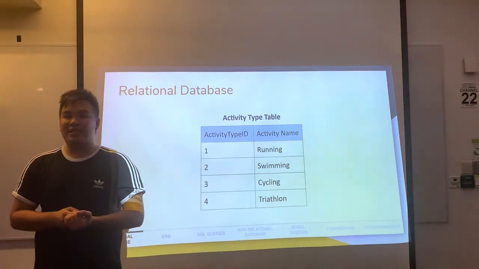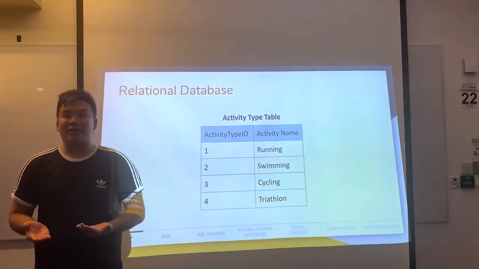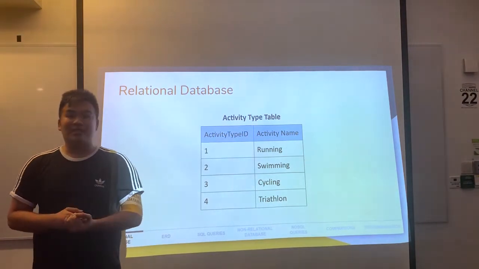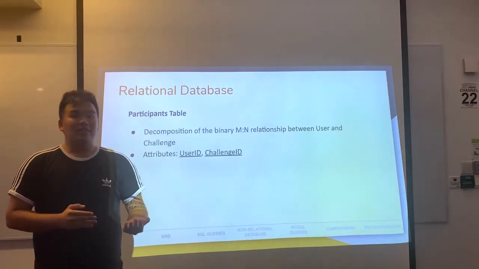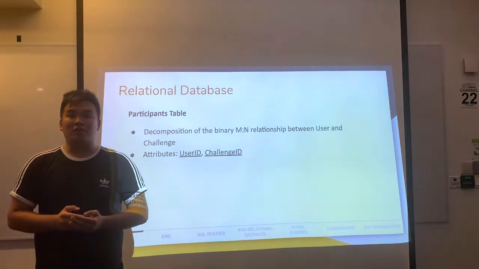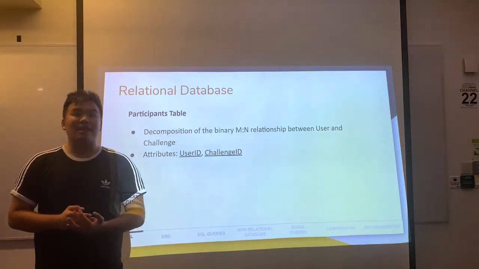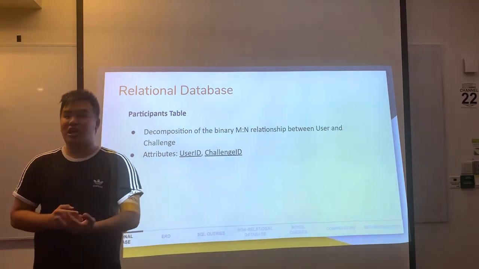After removing activity name, we created an activity type table to categorize and label activity names with an activity type ID. Next, the participants table was formed from the decomposition of the binary many-to-many relationship between user and challenge.